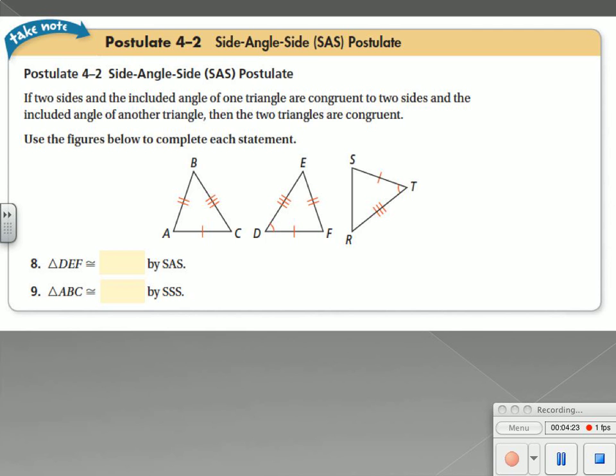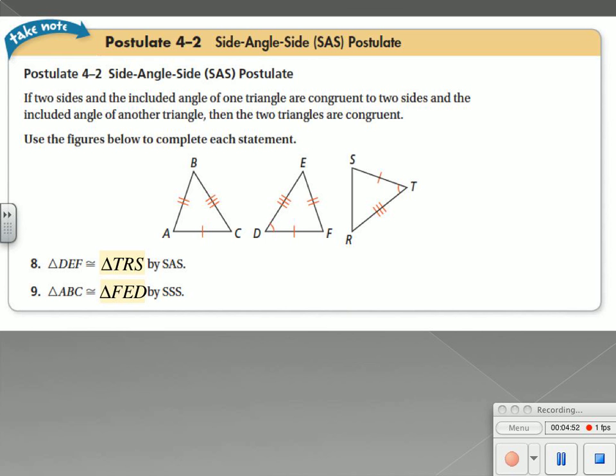Triangle DEF is congruent to triangle TRS by the side-angle-side postulate. And triangle ABC is congruent to triangle FED by the side-side-side postulate.